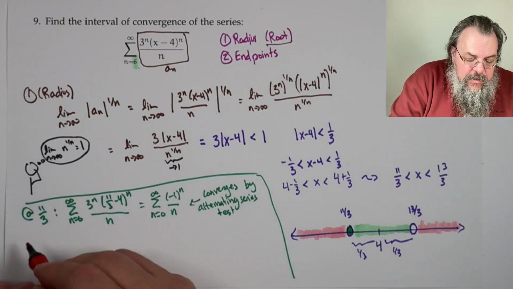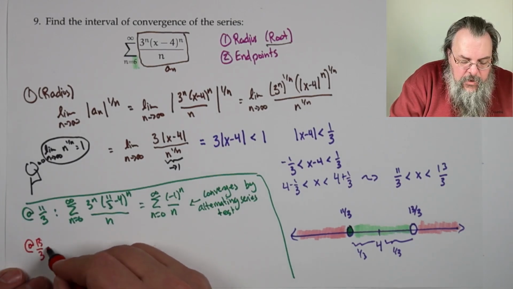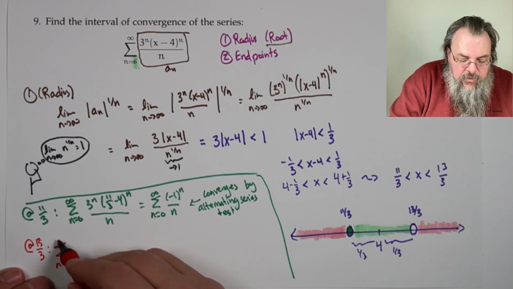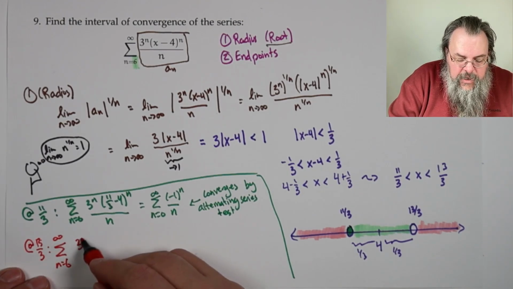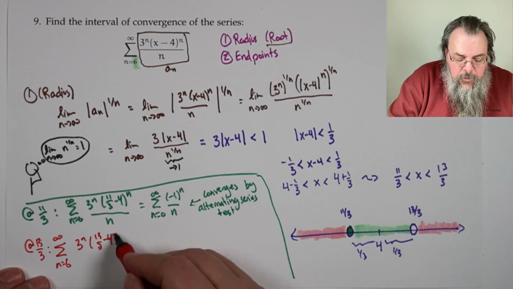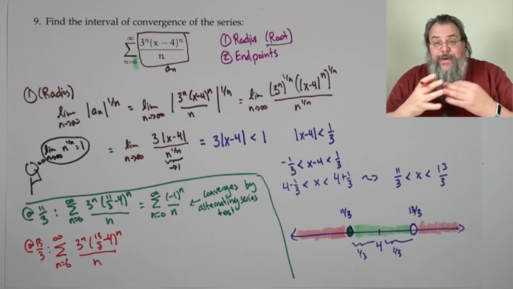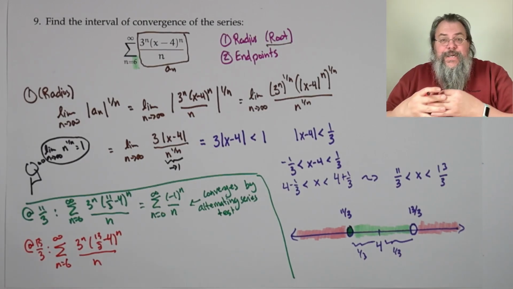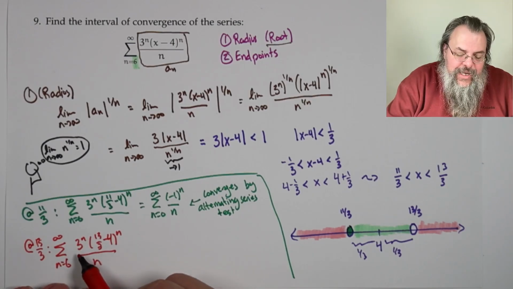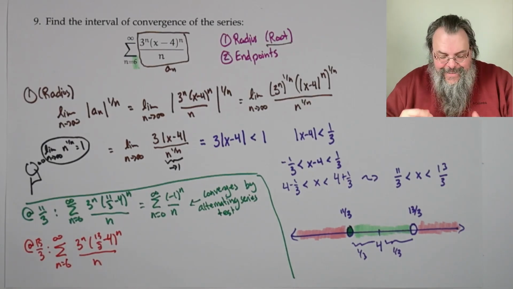Now let's plug in 13 thirds. Well, we get the sum from 6 to infinity, 3n times (13 thirds minus 4) to the n over n. And 13 thirds minus 4, that's 13 thirds minus 12 thirds, that's 1/3 to the n. 3 to the n times 1/3 to the n is 1.